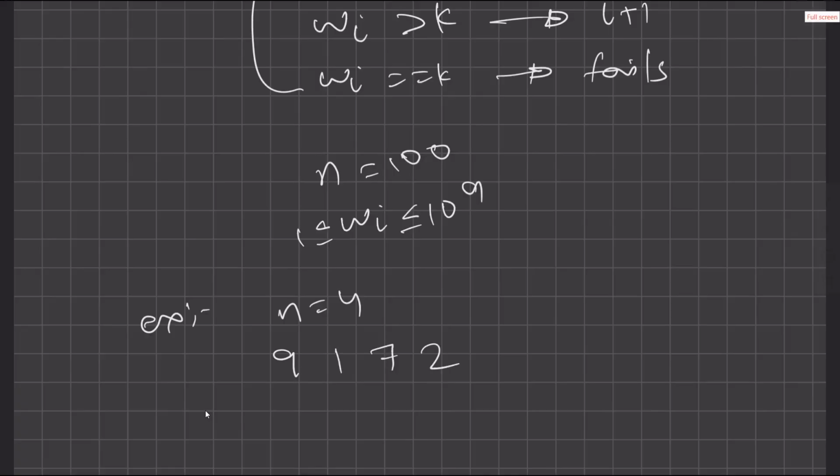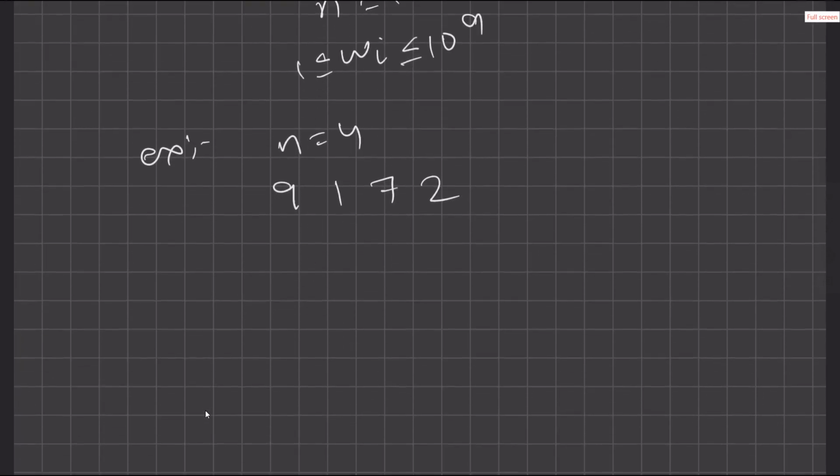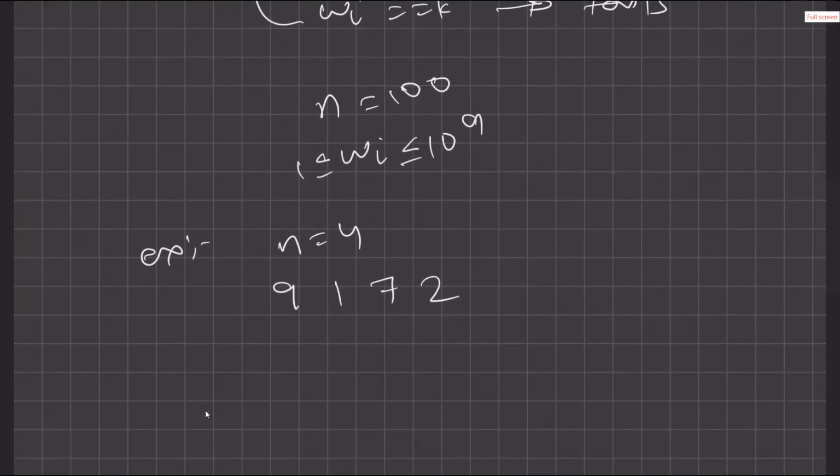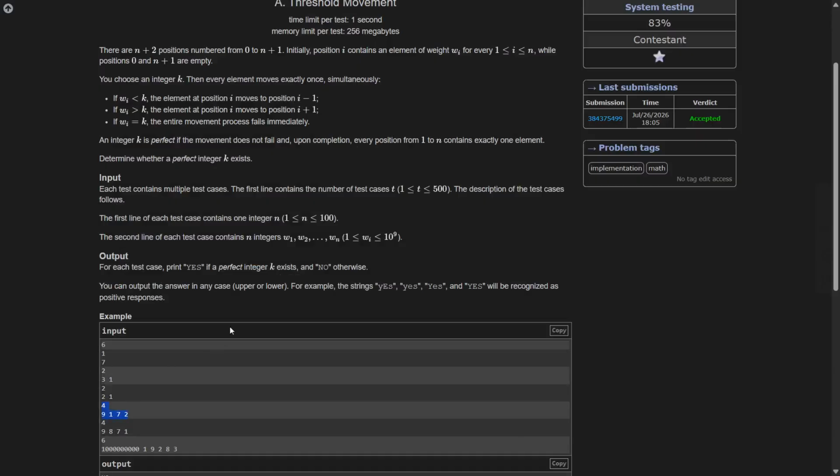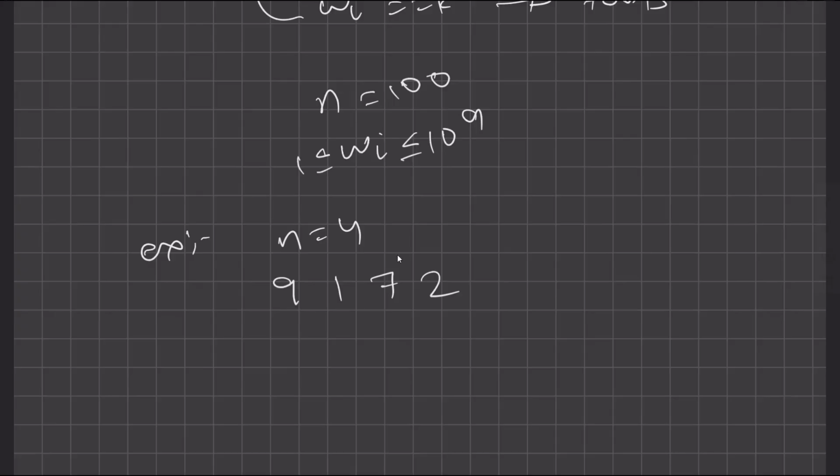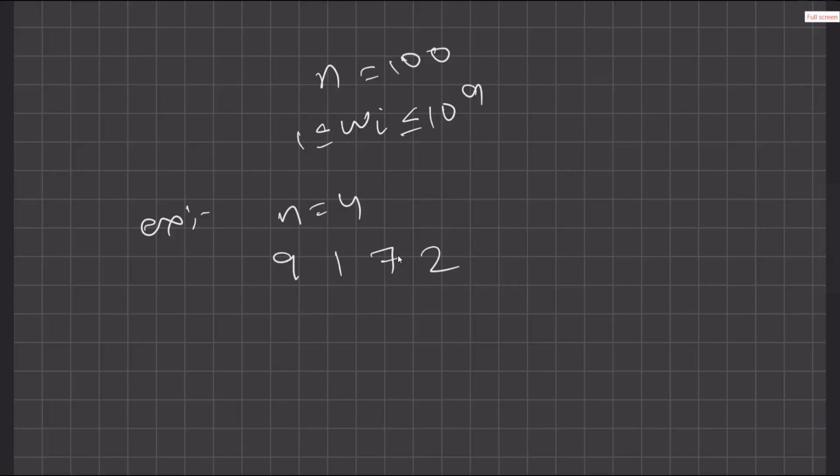The range of k is not given, we have to choose it. Since n is very small, like 100, we can do a brute force solution.